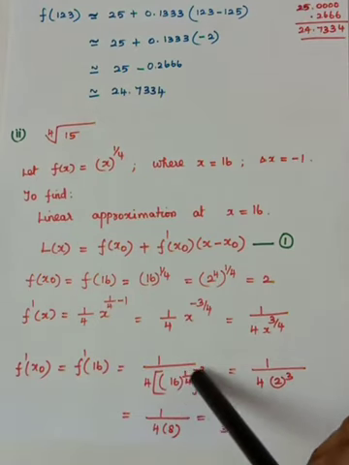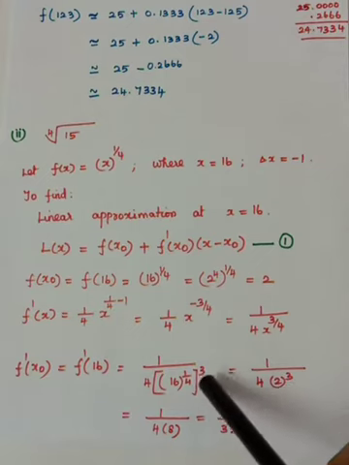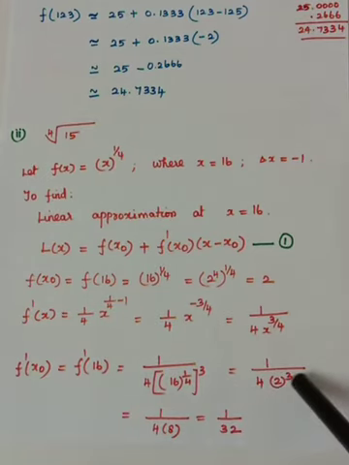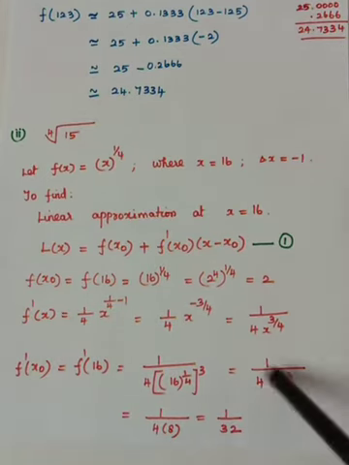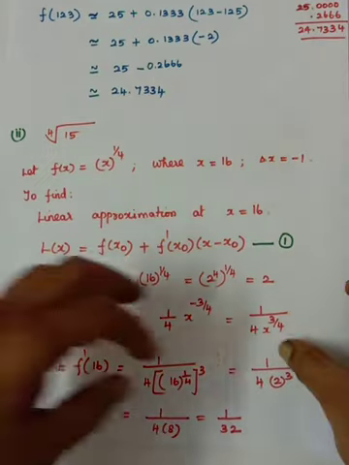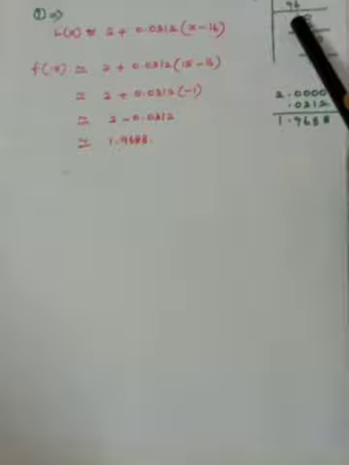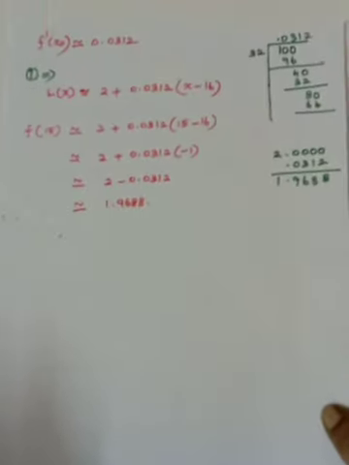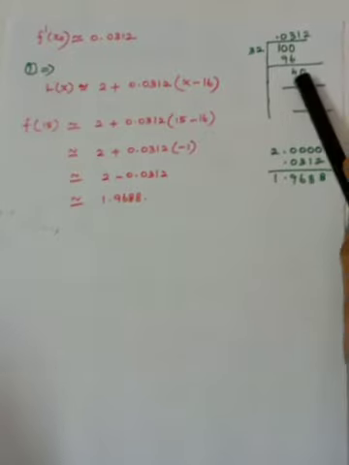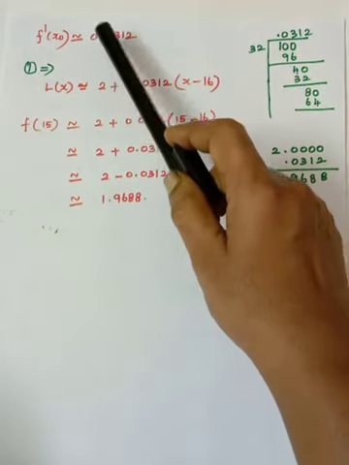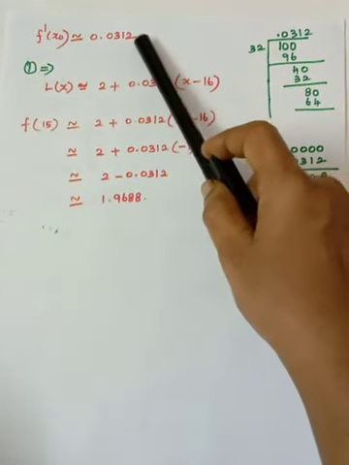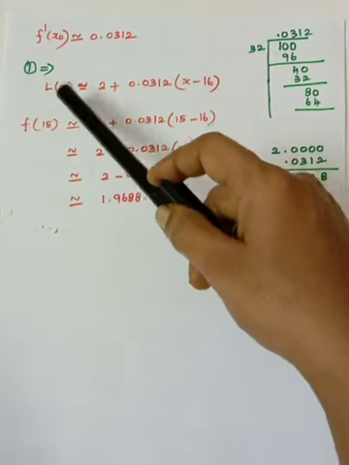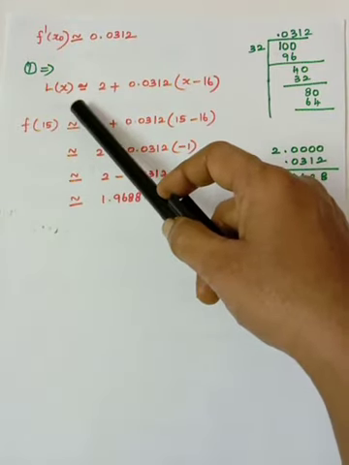So 16 to the power 1 by 4 is 2, and 2 cube is 8. 8 fours are 32. So 1 by 32. If we divide, see the division here. The approximated value is 0.0312.